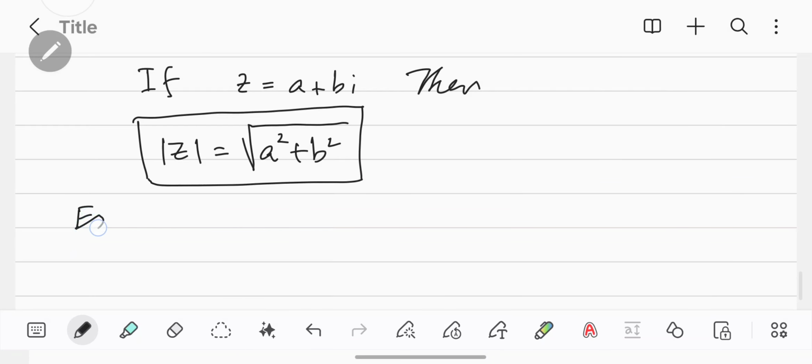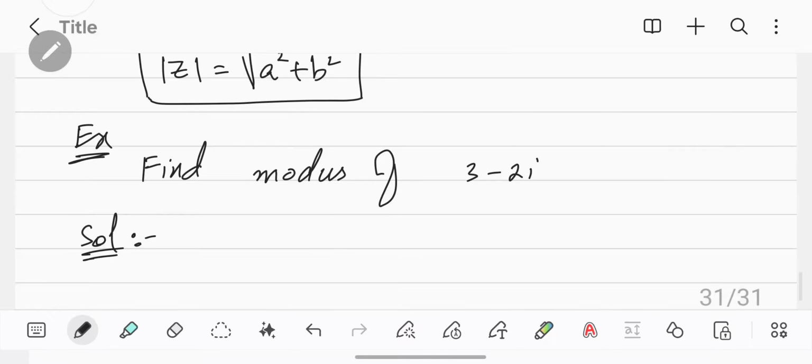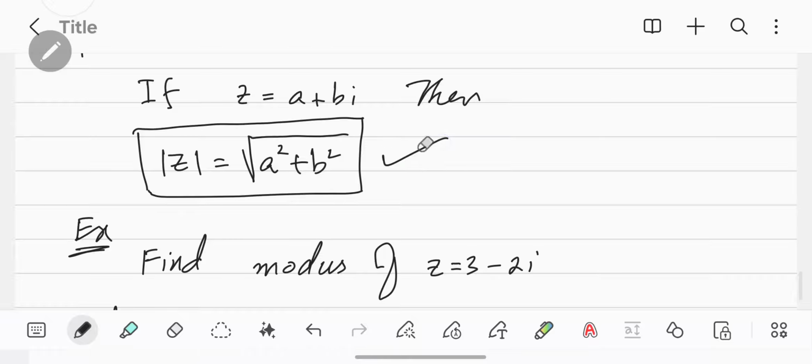Here is an example. Find the modulus of 3 minus 2 iota. Here is the solution. Suppose this is z, so its modulus is denoted by this. You have to write this formula. This formula says the square of the real part.